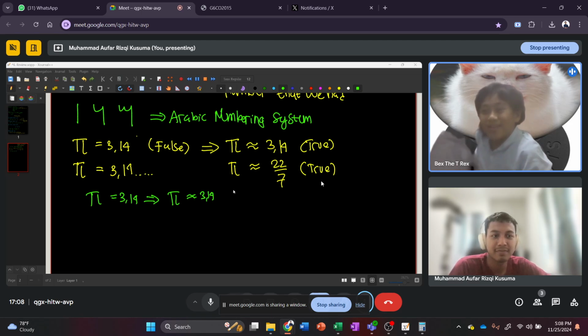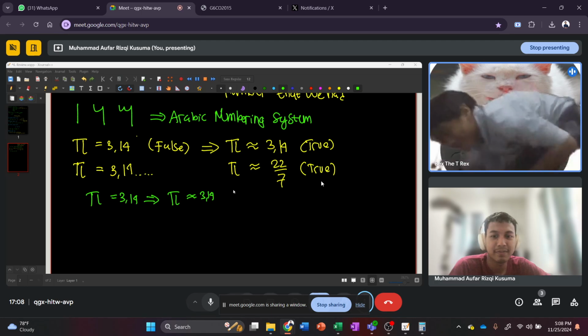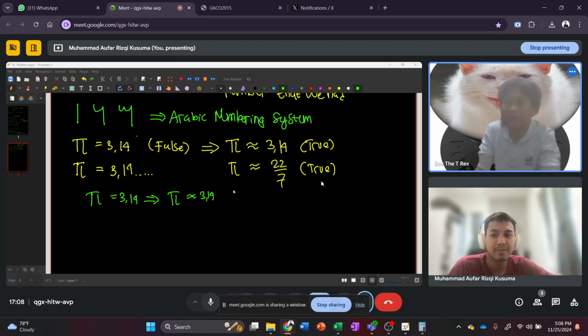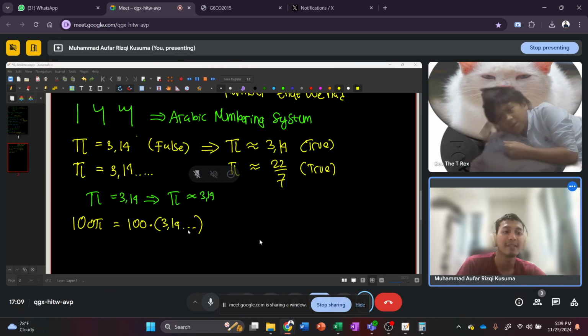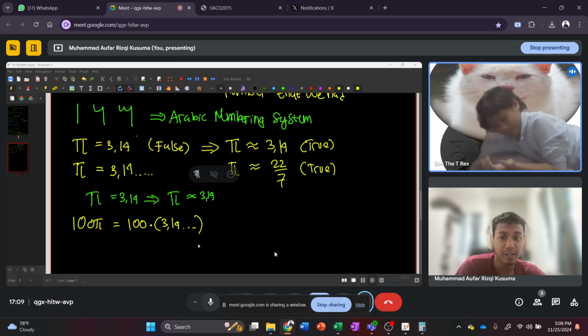Wait, I'm confused now. When they only write pi, are they referring to pi as 3.14, 3.142, 3.14 and so on, almost the whole entire thing? In the formal way, if they say 100 pi, that means they are calculating 100 times 3.14 and so forth, not 3.14.